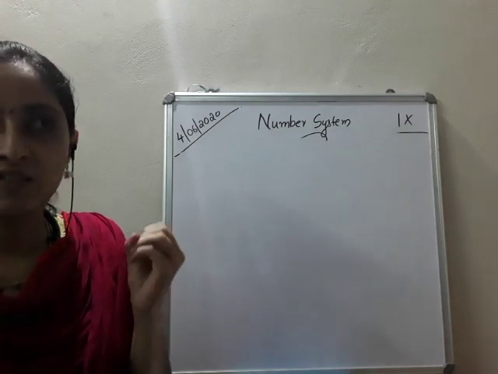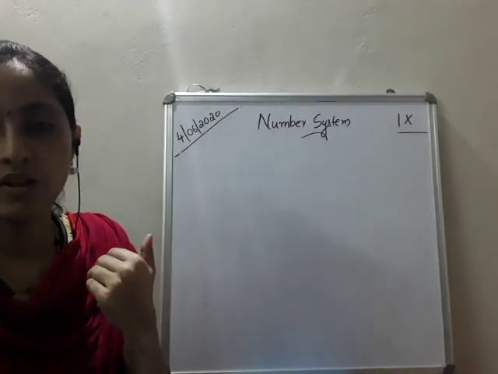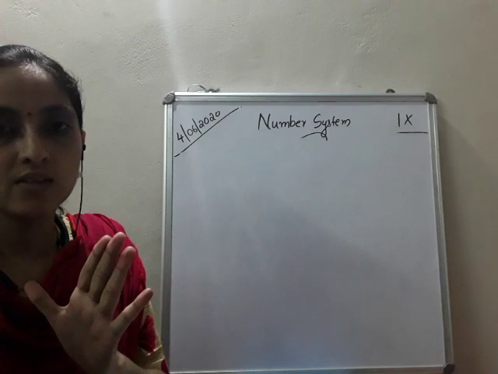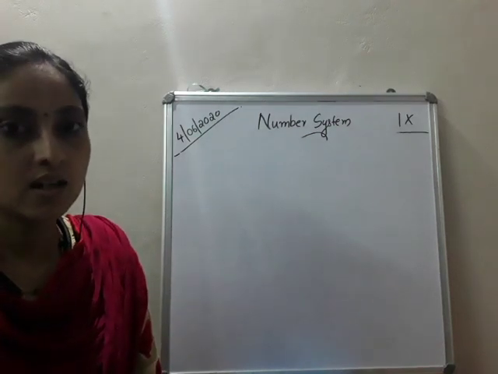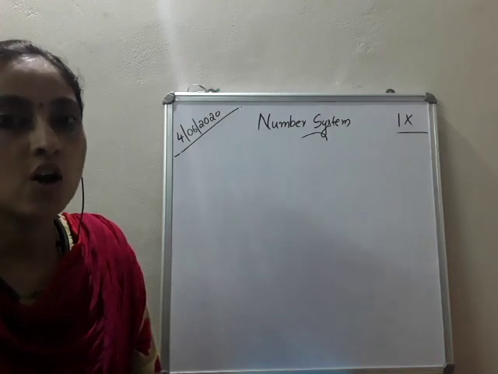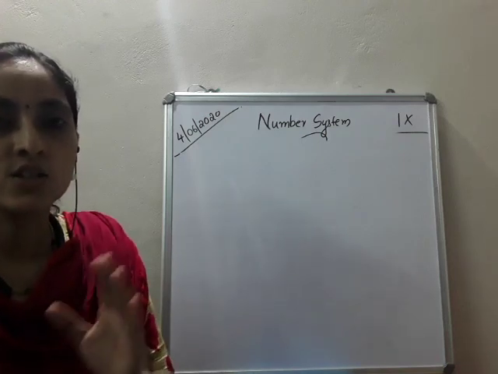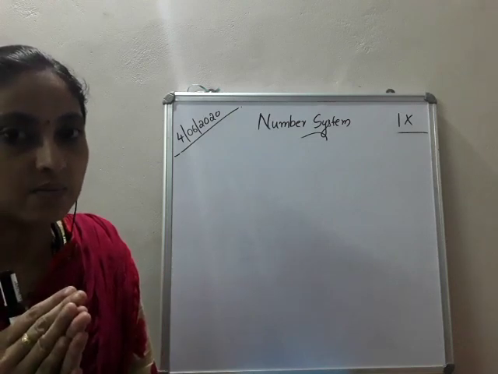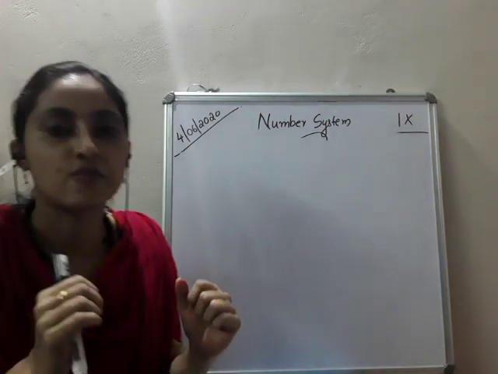So what all things you studied in the previous classes? Just revise them. First, the number system. And the second one, the decimal expansion of rational numbers. That is a continuation. What conclusion do we arrive from that?